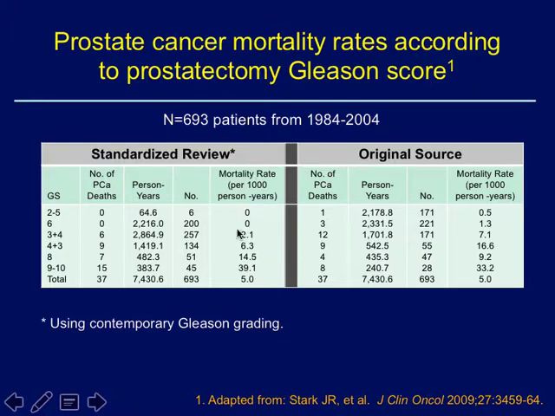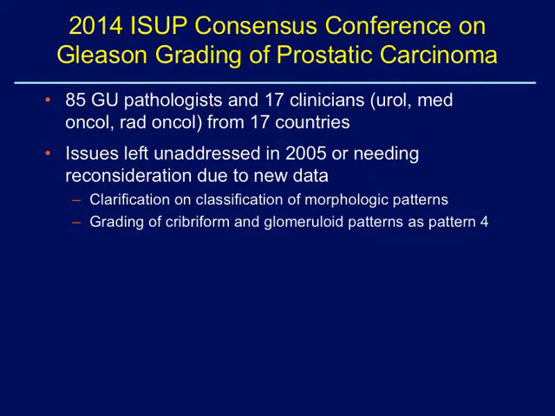And so bringing the mortality rate down to essentially 0 was an important concept. And you also look at the hazard rate for death here, and it's all over the place. In fact, here the 4+3 was worse than the 8, and not so here. So it seems like there was contamination early on, and the modified Gleason grading system really improved that.